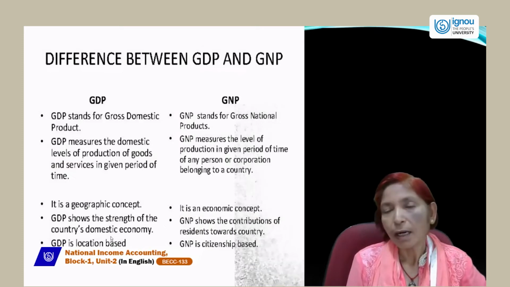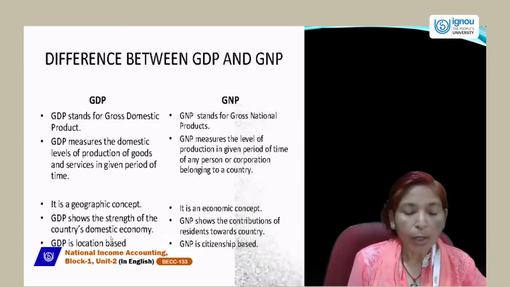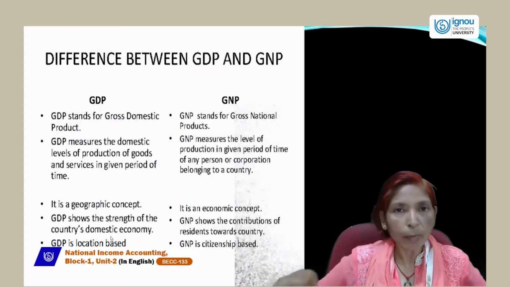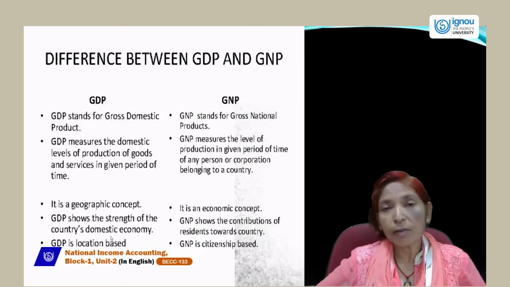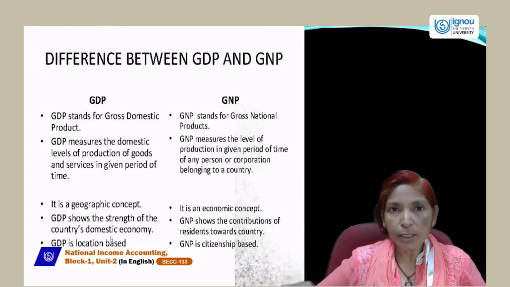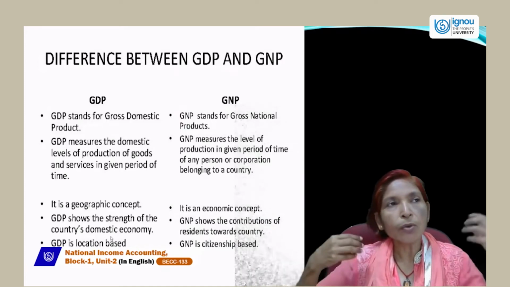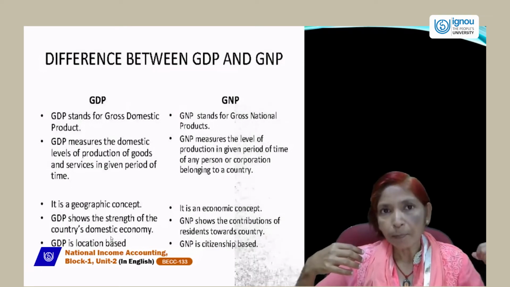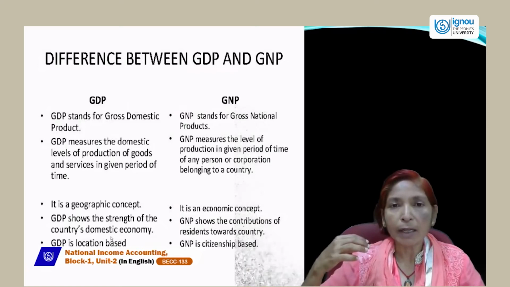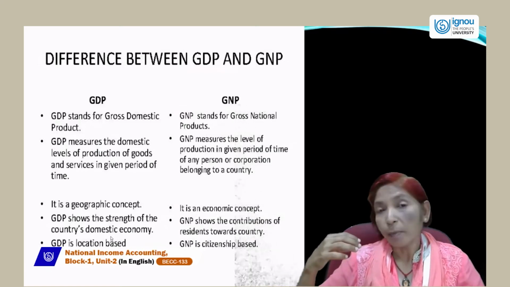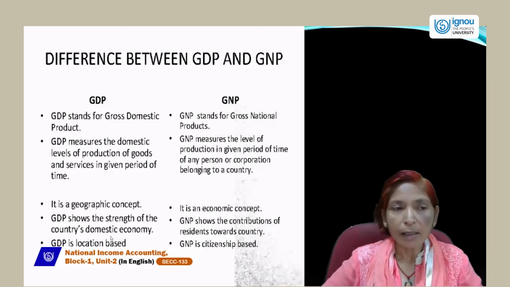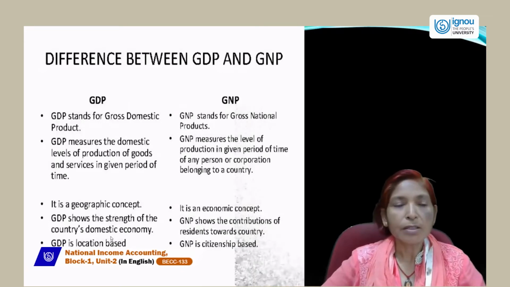One is political, the other is economic. Political boundary tells us the political boundary of the Indian economy. And economic territory means where we get income, like Indian aeroplanes and Indian shipping corporations, when they go to the rest of the world and earn income for the Indian economy. So this is known as economic territory. If we add economic territory and political territory, then we can define this domestic territory.